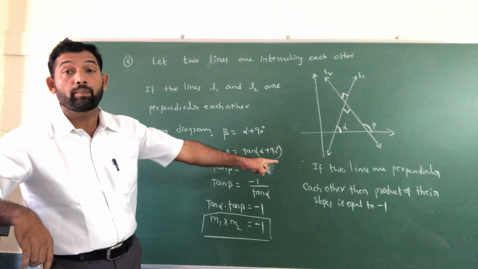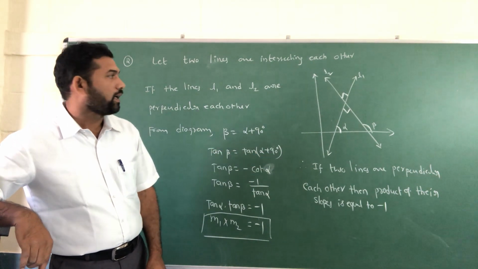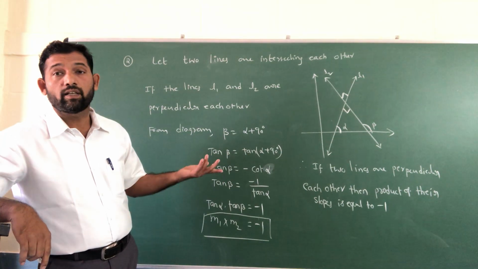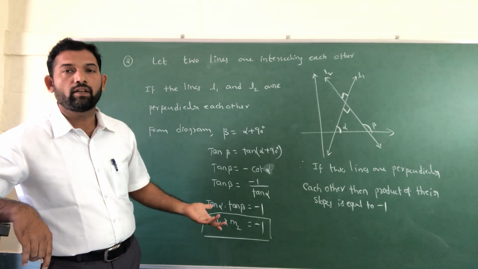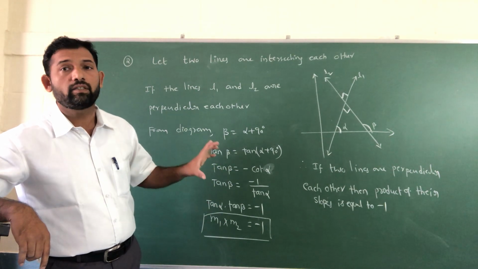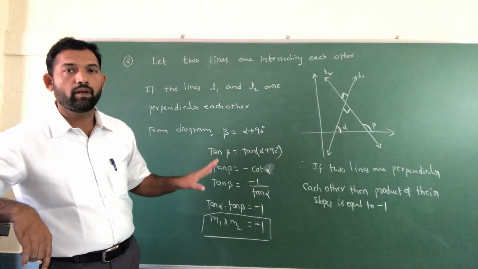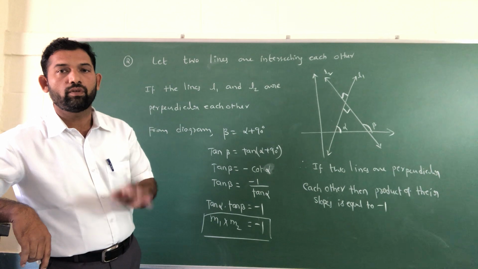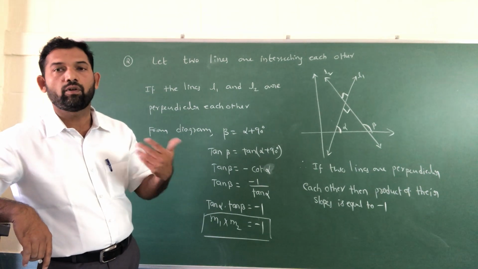This is the perpendicular condition. What is the parallel condition? Two lines are parallel means their slopes are equal. Perpendicular means the product of their two slopes is minus 1. This condition is very important. Perpendicular means m1 into m2 is equal to minus 1. Parallel means m1 equal to m2.